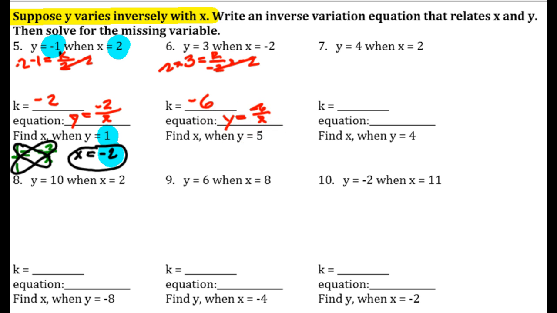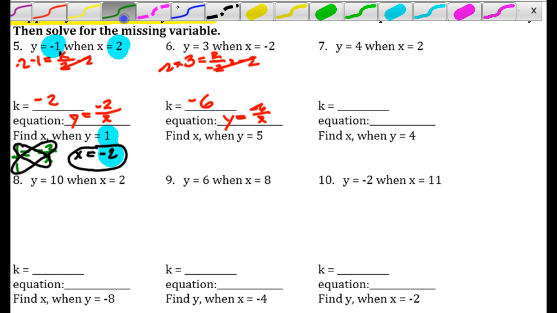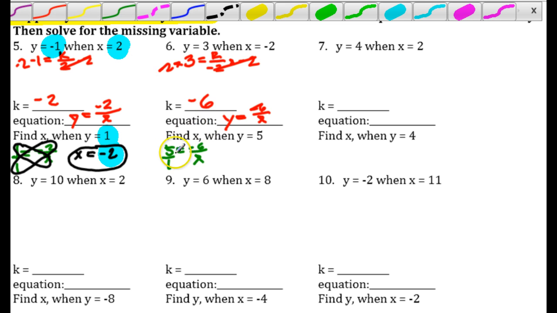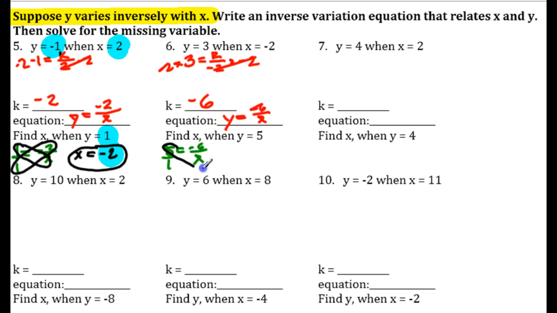Okay, this is the equation that shows how they're relating. And now I'm going to use that to find x when y is 5. So 5 is the y in y equals negative 6 over x. I want the x to stay, so I'm not trying to get rid of it. So let's make this a fraction, and once again, because I have a fraction on two sides, cross multiply. 5 times x is 5x.